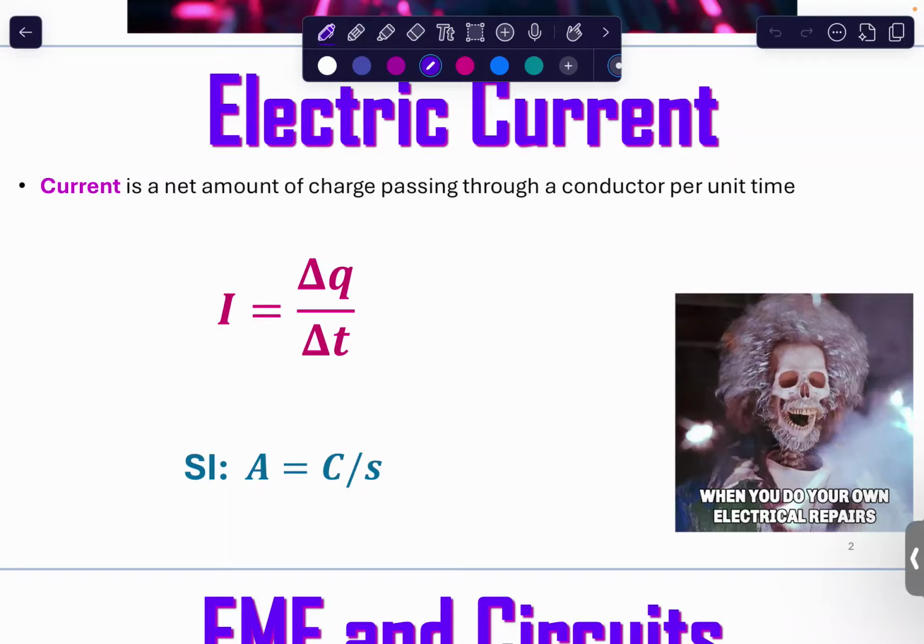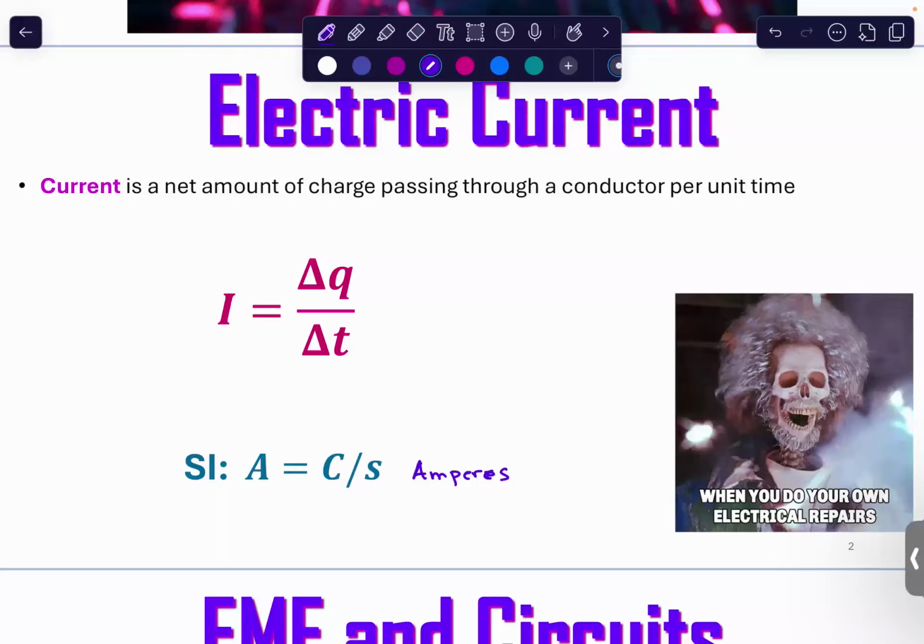You have a new SI unit. What does the A stand for? Amps, amperes. I don't think there's an accent in that word anywhere. Amperes.